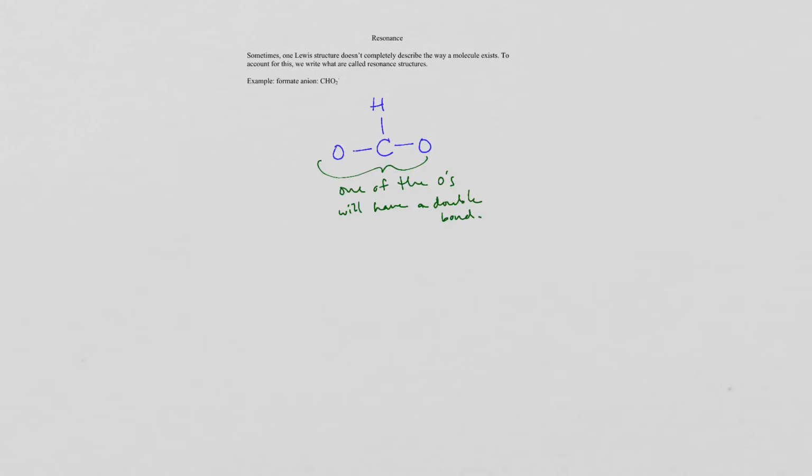And this is a-okay, but again, as I said before, there's no selectivity as to which oxygen that is. So we can actually draw 2 structures, one with each as a double bond to a different oxygen, and then we can draw conclusions about how this molecule readily exists in its normal state. So we draw our first resonance structure.